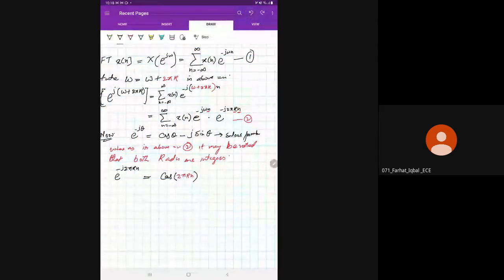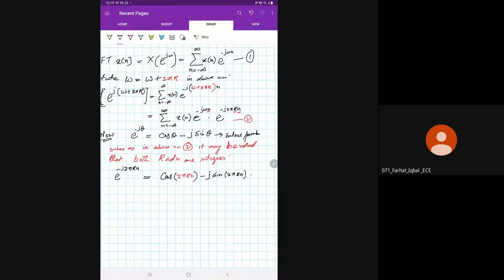So theta is 2 pi kn. Then you have minus. What is the next term I should write down? Minus j sine, and in place of sine theta will come 2 pi kn. That's correct.